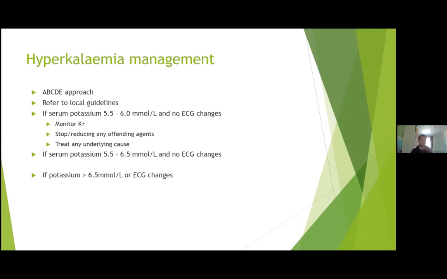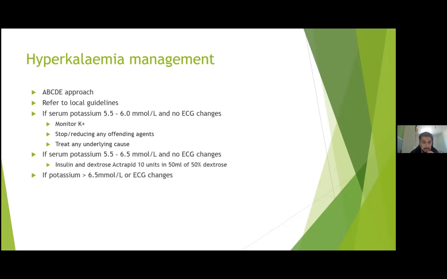It saves you a lot of time, and obviously you want to find out quickly what the potassium is, especially if it's higher and you've given an intervention to try and improve it. You can treat any underlying cause and stop any offending agents that you think are causing it. If they're on a very high dose of spironolactone, maybe you want to reduce that, maybe hold it for now. So that's it for mild hyperkalemia.